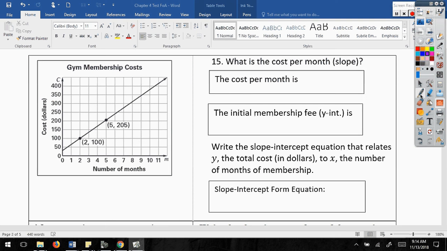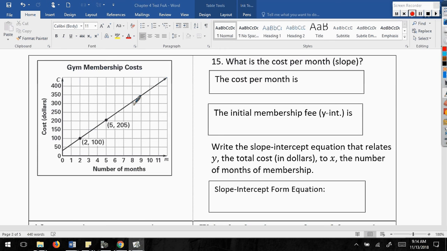All right, number 15 is asking us to look at this line here and do some calculations. So they first ask us for the cost per month, and cost per month just is a rate of change here, so it's asking for the slope is all we need to find. So I've got 2 points if you look at the graph. So I could very easily here find the slope. So for the slope, I'm going to subtract the y's.